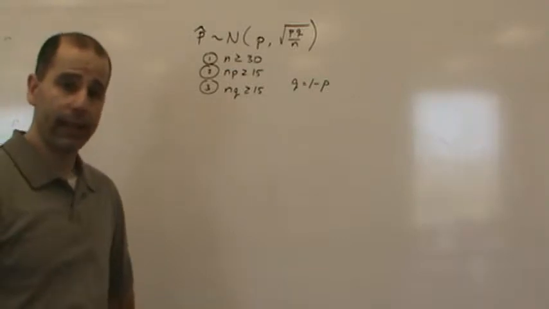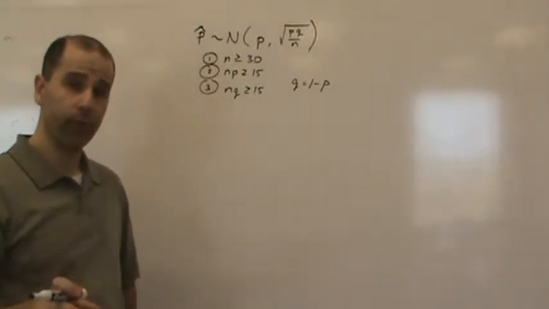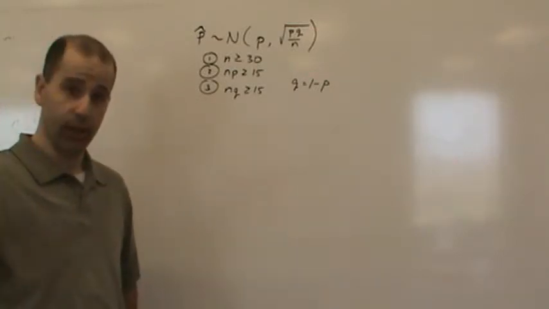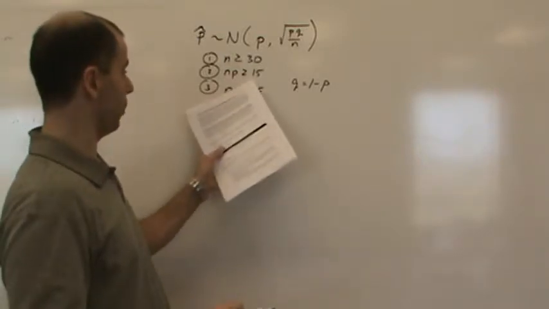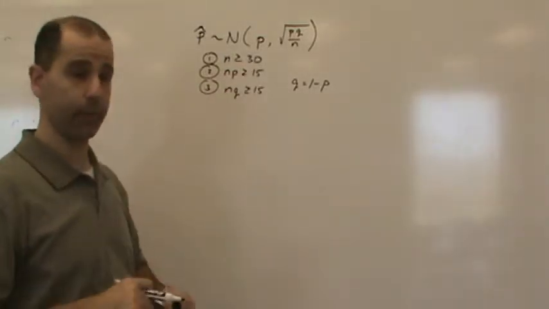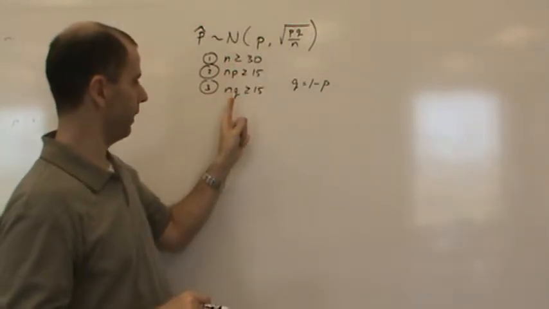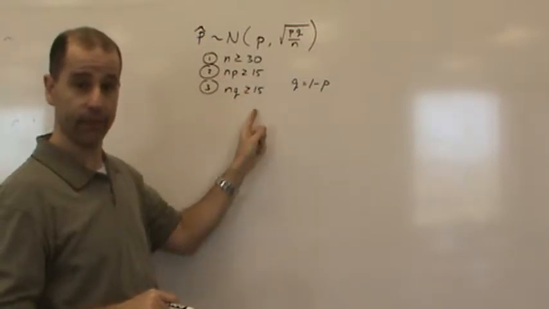Now, the reason for that is, if you remember, for a binomial random variable, if p is equal to 0.5, you get a nice symmetric distribution. So if you have the minimum sample size of 30 and you take half of that, you're going to get 15 successes and 15 failures.